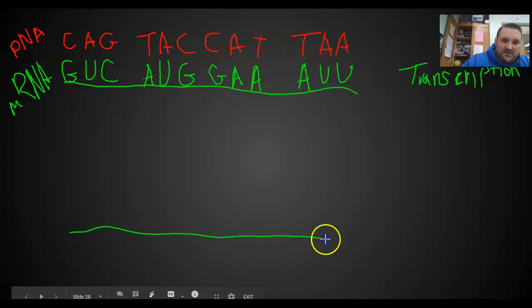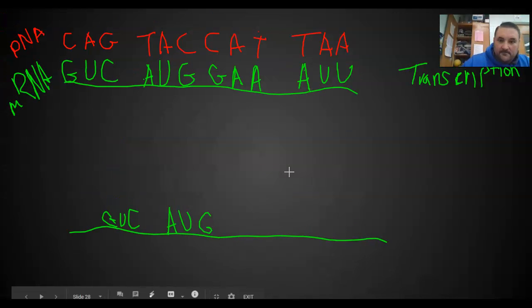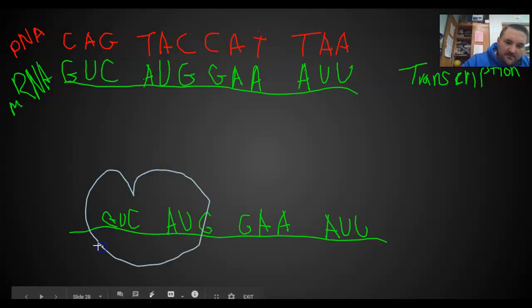Now my mRNA strand goes to my ribosome, and the ribosome will attach in these two pieces here.